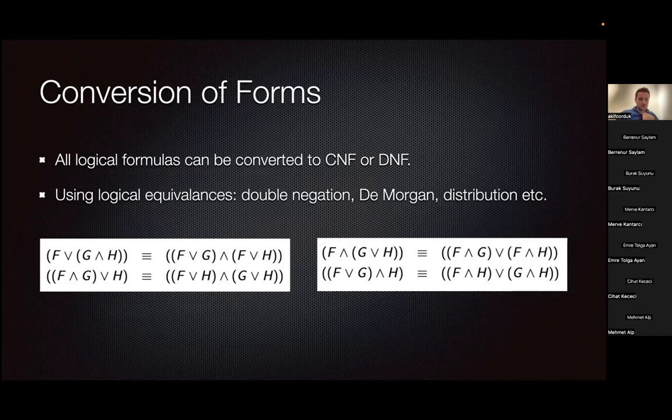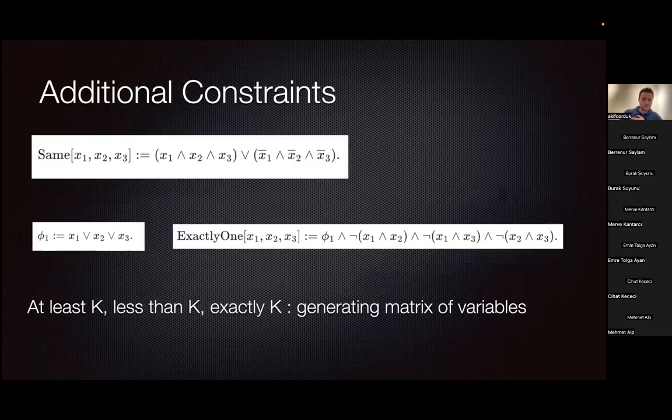What we do is we basically distribute f over g and h, and it becomes CNF, and yeah, you can check the other ones. There are many more ways of creating CNFs and DNFs or converting them.